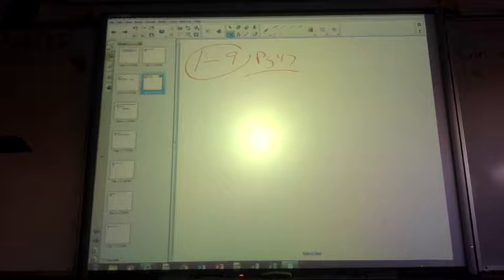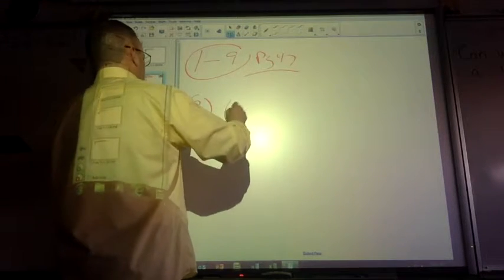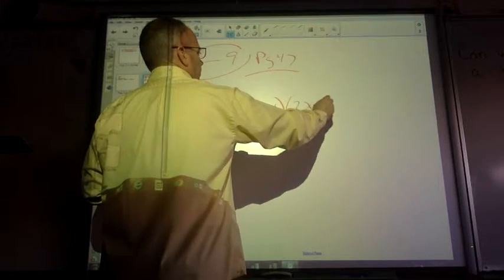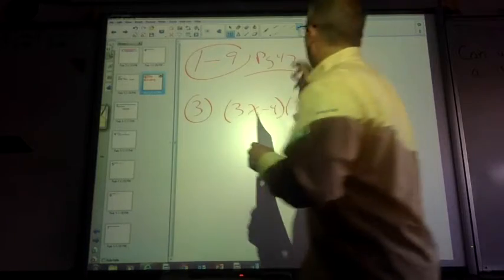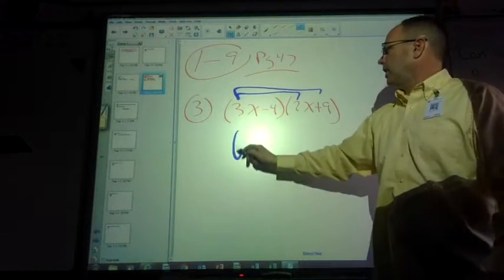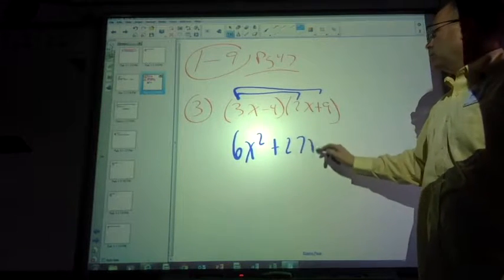Number 3, okay? So problem number 3, we're going to have 3x minus 4 and 2x plus 9. So this is double distribute. So I'm going to multiply here, here, and here, here. So I'm going to get 6x squared plus 27x.